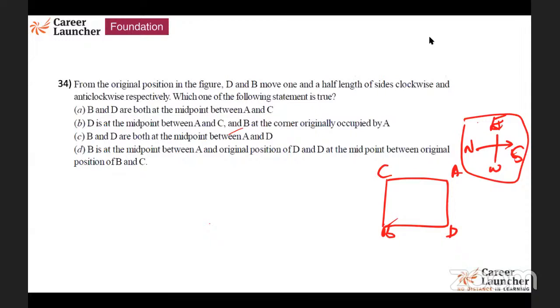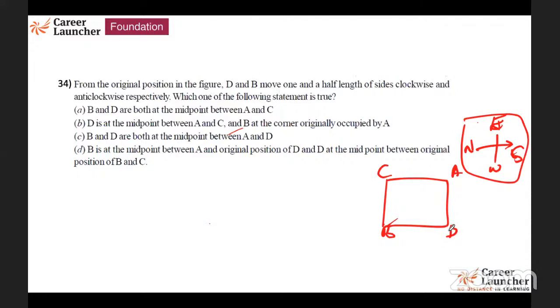Gunit, just check. What, everybody is getting that, is it? I'm surprised. From the original position in figure, D and B move 1.5 length of sides clockwise and anti-clockwise respectively.